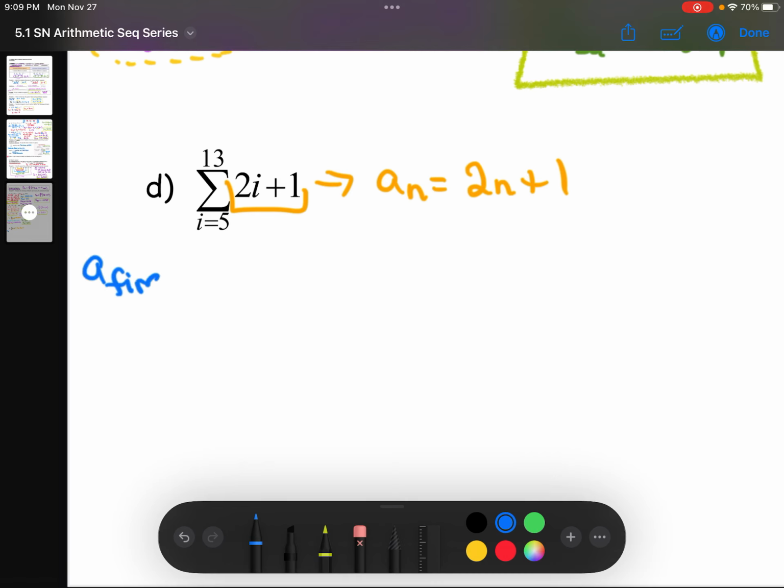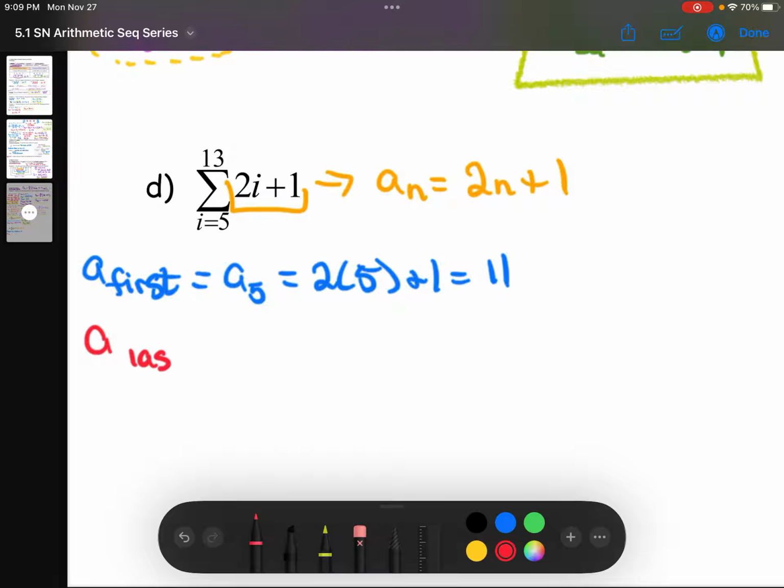So a first is a sub 5, which is 2 times 5 plus 1, which equals 11. A last is a sub, the number on top, 13. 2 times 13 is 26 plus 1 is 27. So there's a first and a last.